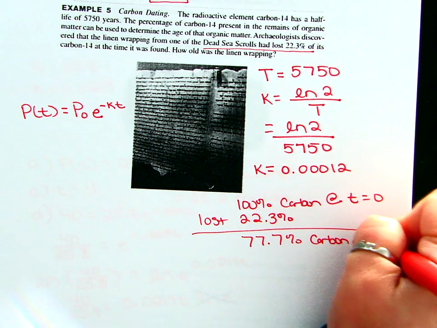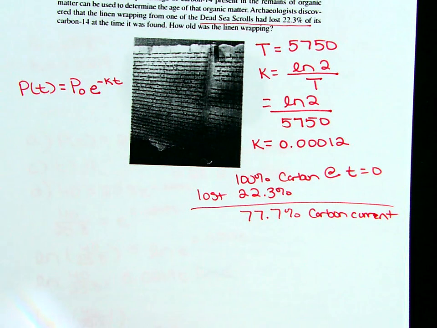When they found the Dead Sea Scrolls and started examining them, we had 77.7%. Now, that still doesn't tell us how much we had to start with. But it tells us that at the time we're trying to figure out, we had 77.7%.